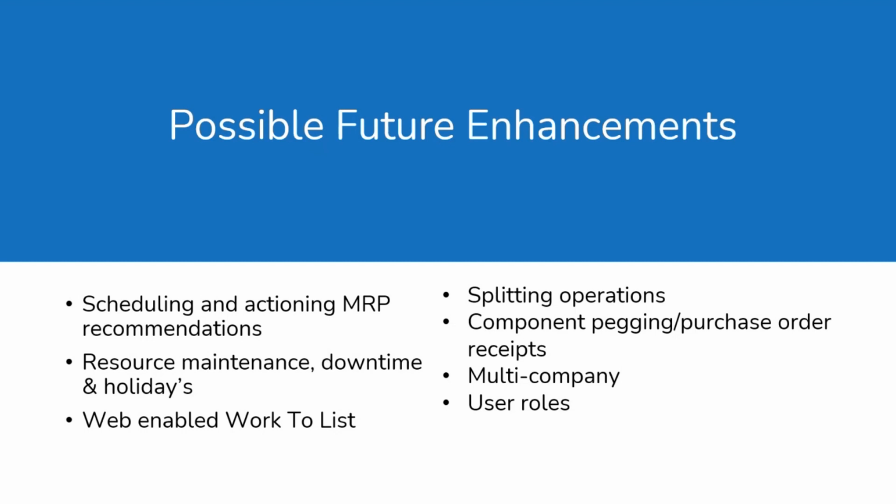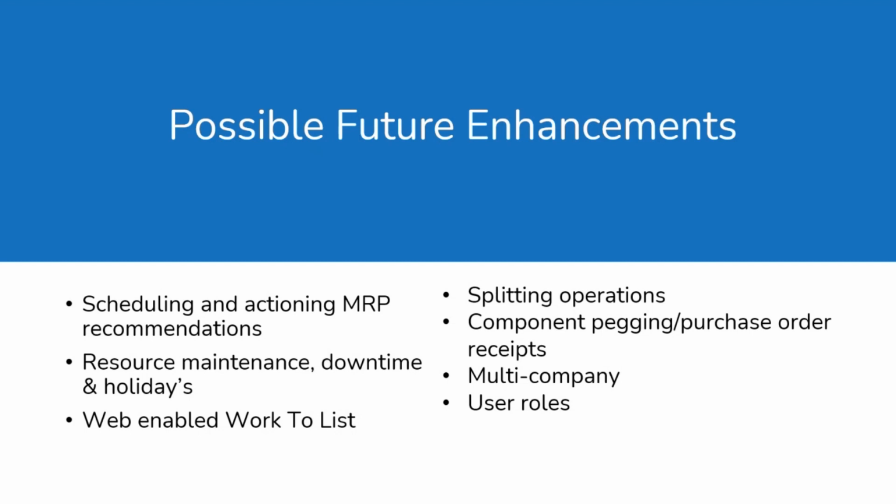As well as subassembly pegging, we also want to look at component pegging and purchase order pegging, so we can't start a works order before the purchase order receipt, something like that. At the moment, it is just single company, but you can have multiple installs of a graphical scheduler.